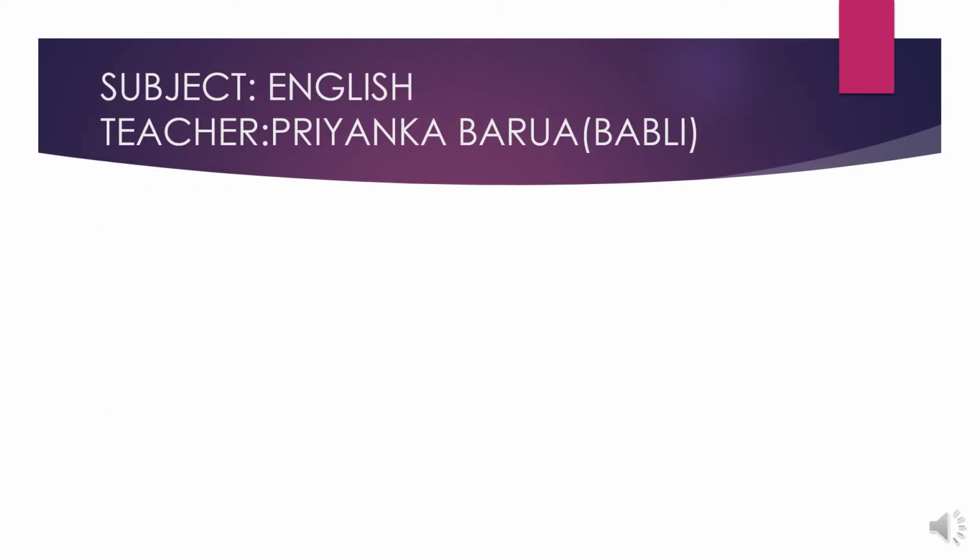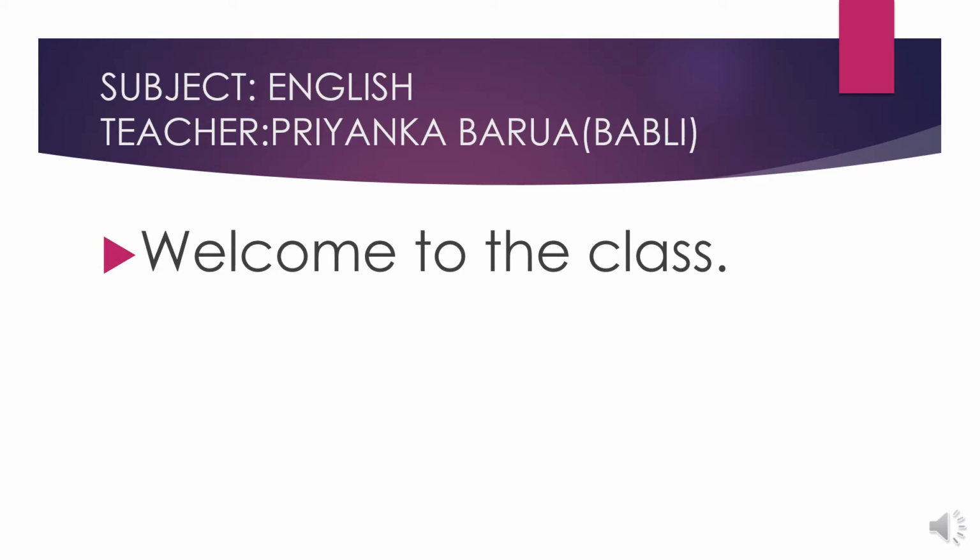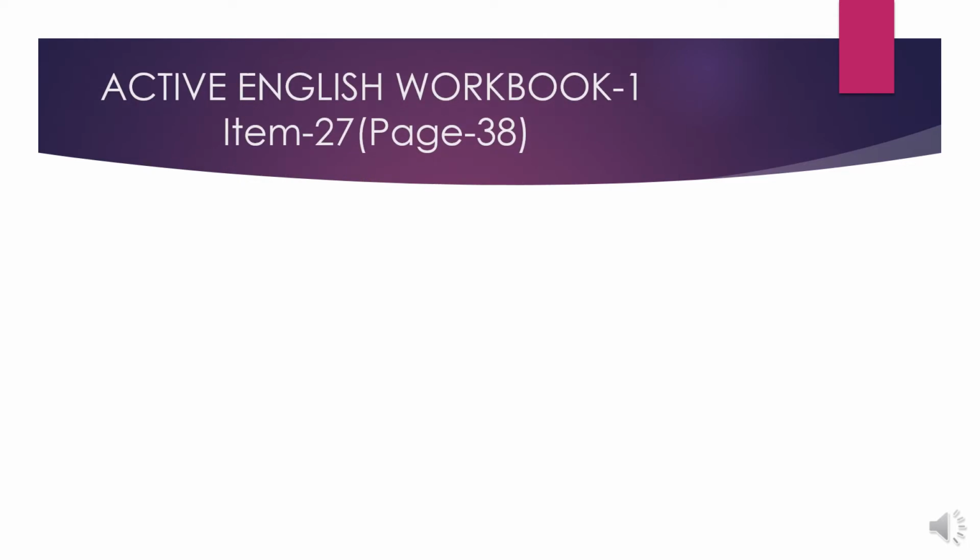As you know, in the previous classes we have discussed different items from the Active English Workbook Part 1. In sequence of those classes, today we will go through another item, and that is item number 27.